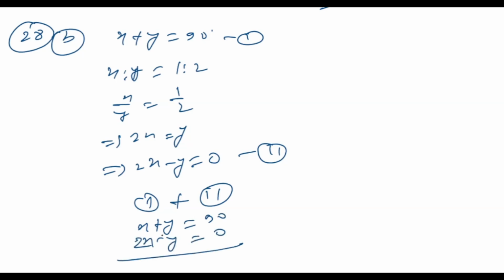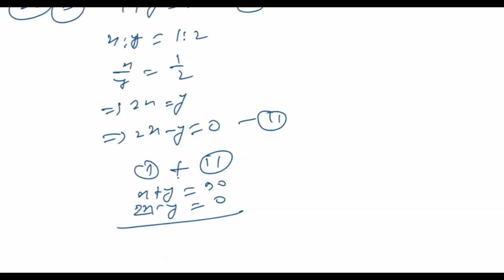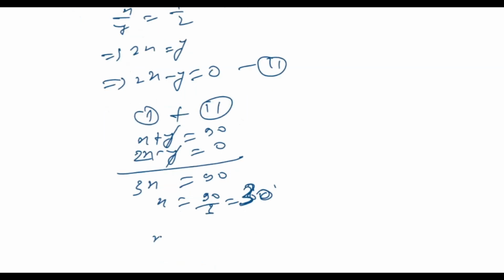Here y cancels, gives you x plus 2x, that is 3x, is equals to 90 plus 0 gives you 90. So x is equals to 90 upon 3, that is 30. Hence value of x is equals to 30 degrees.